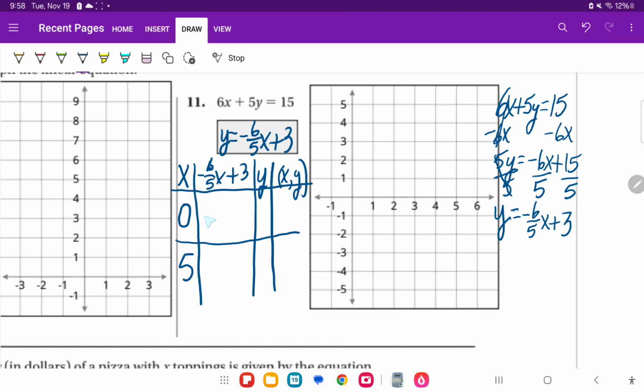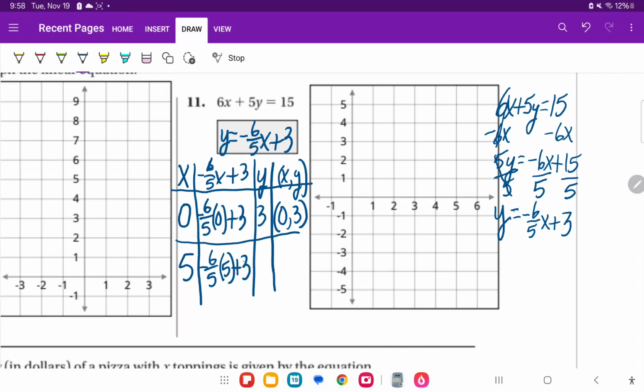So if I put 0 in here, that's negative 6 over 5 times 0 plus 3. Well, anything times 0 is 0, plus 3 is 3. So then this is 0, 3, like that. And then on the next one, it's negative 6 over 5 times 5 plus 3.